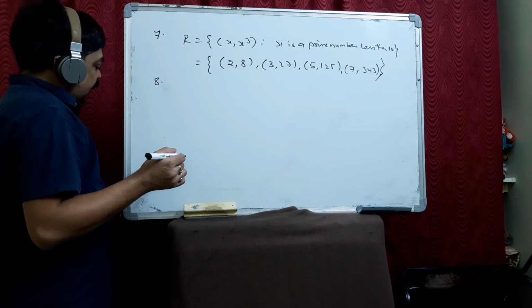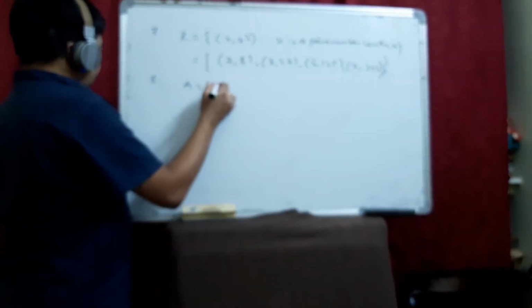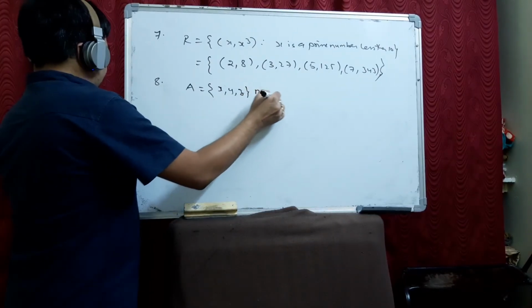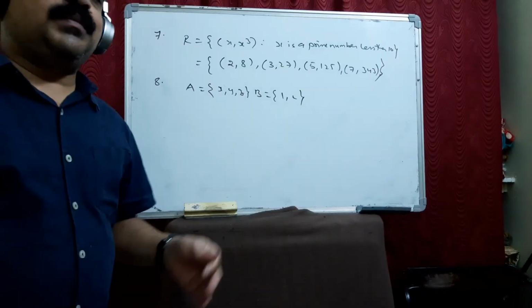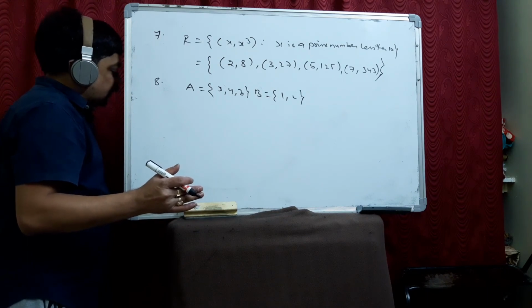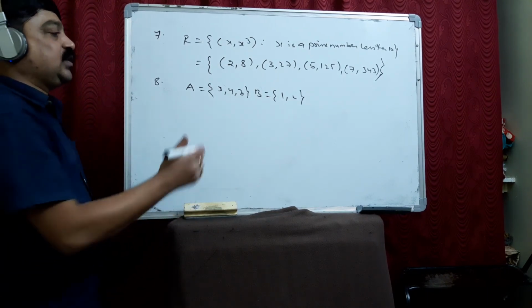See the 8th question also. A is given, and we need the number of relations that can be made. A is {x, y, z}, B is equal to {1, 2}. So how many relations can we make from these two sets? Actually, how many Cartesian products can we make?